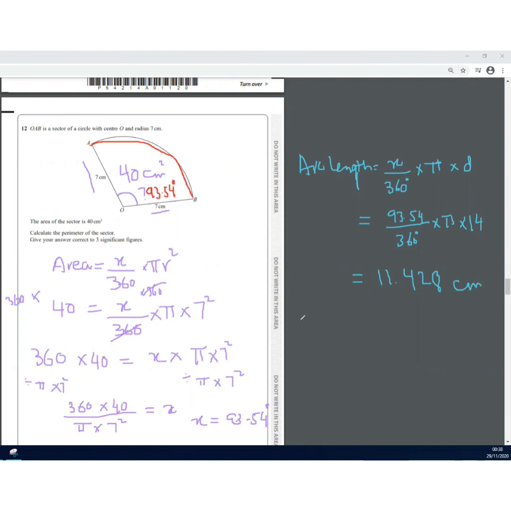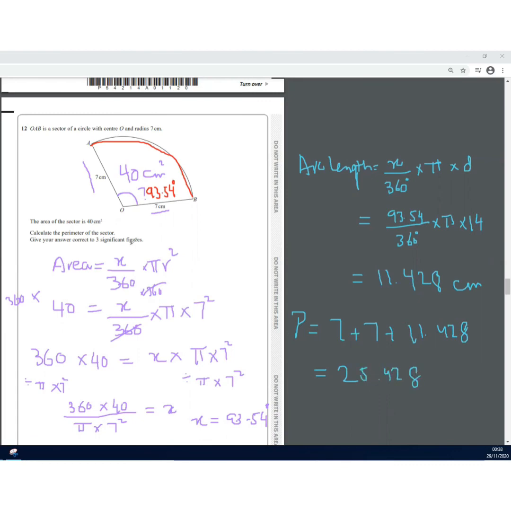Now, to find the perimeter, we can simply add the two given radii as well as the arc length we found. So it will simply be 7 plus 7 plus 11.428, which will give us 25.428.